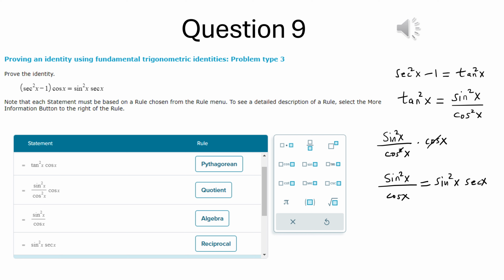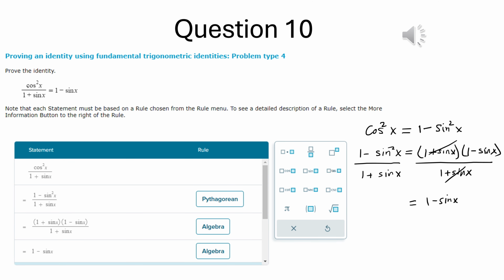You apply the quotient identity. And the third step, you apply algebra. You use simplification: 1 cosine in the top and 1 cosine in the bottom. We stay then with sine square over cosine. And finally, you apply the reciprocal, in which you know that 1 over cosine is secant. Done.